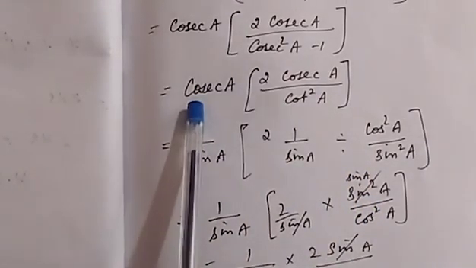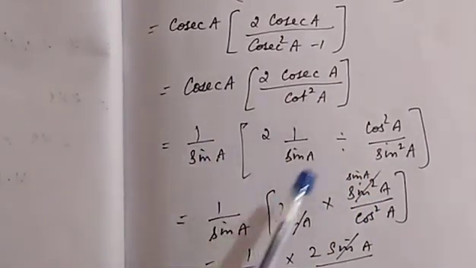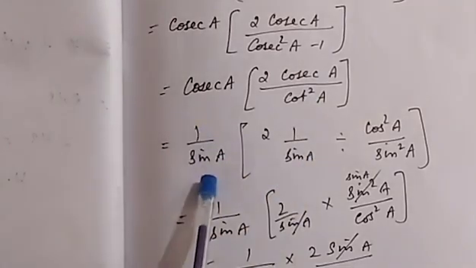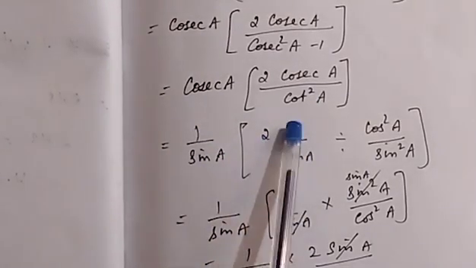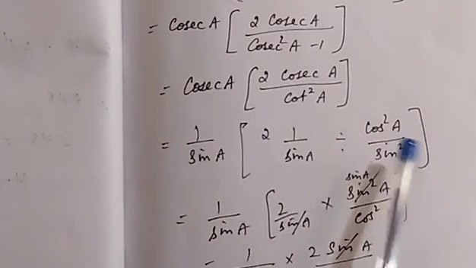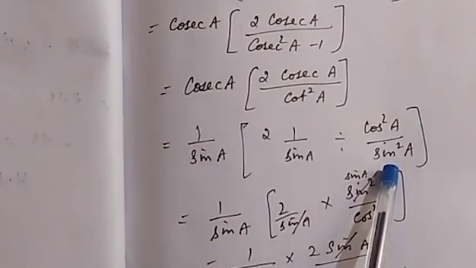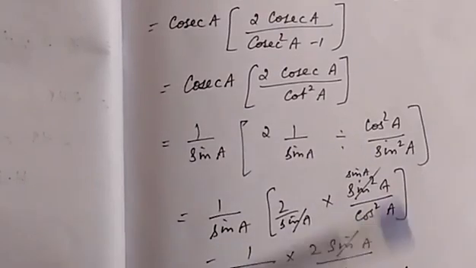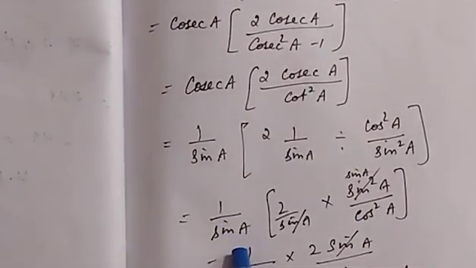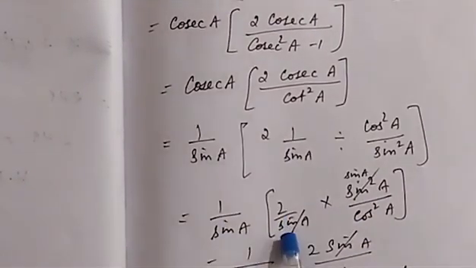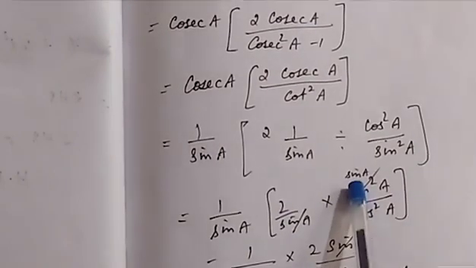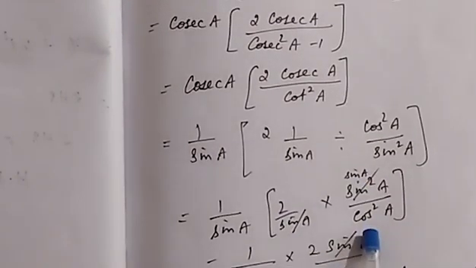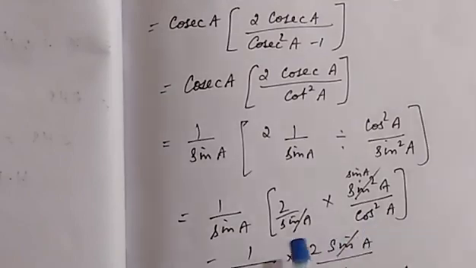Now cosecant A means 1 upon sin A. Then 1 upon sin A into 2 into 1 upon sin A upon cos square A upon sin square A. Now change this divide into multiple. Write in reciprocal. So 1 upon sin A into 2 upon sin A into sin square A upon cos square A. Now cancel.